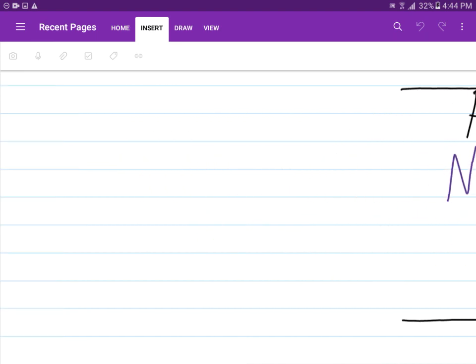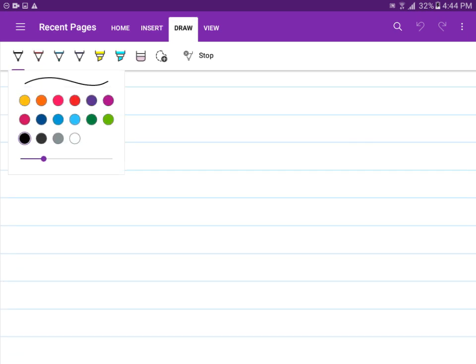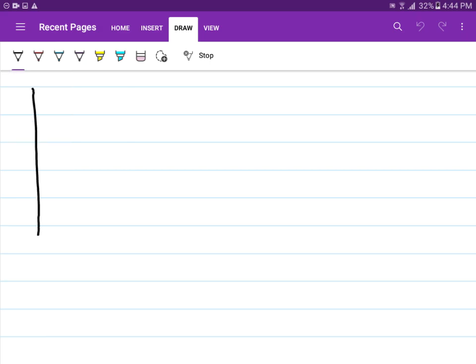So last lesson we introduced the Segre chart, wherein the x-axis tells you the number of protons, Z, and the y-axis the number of neutrons.